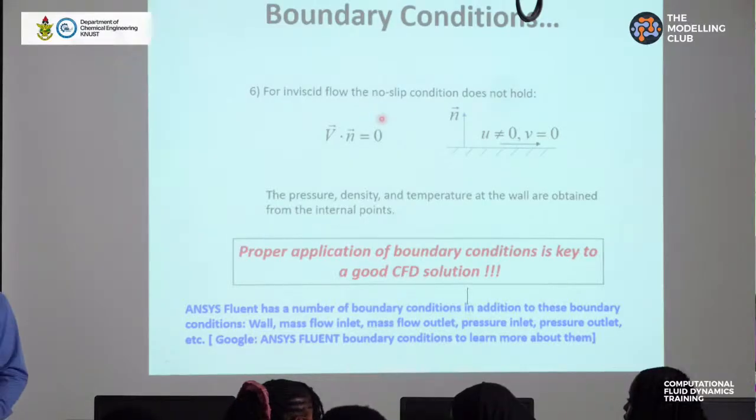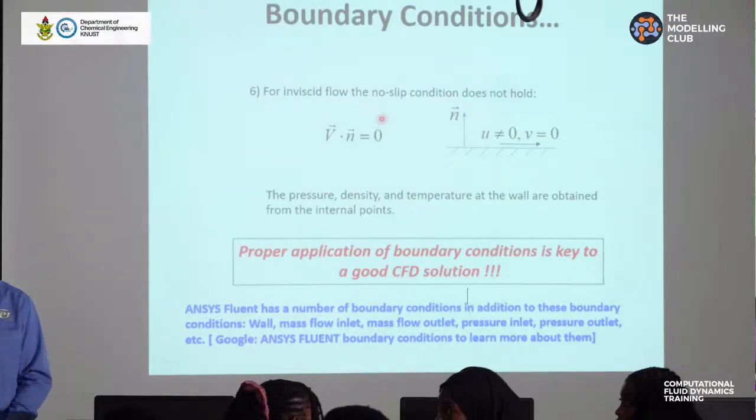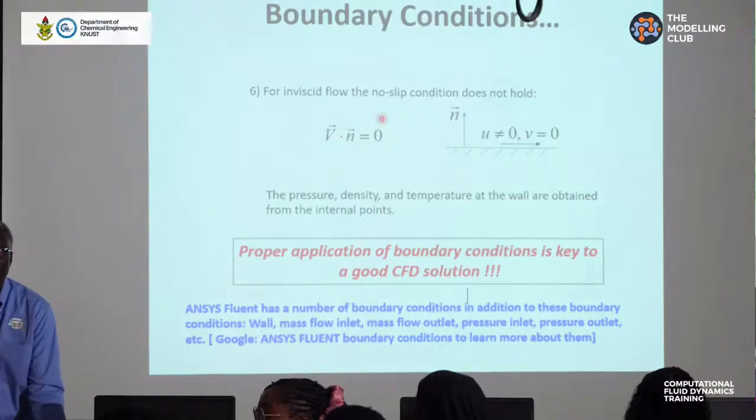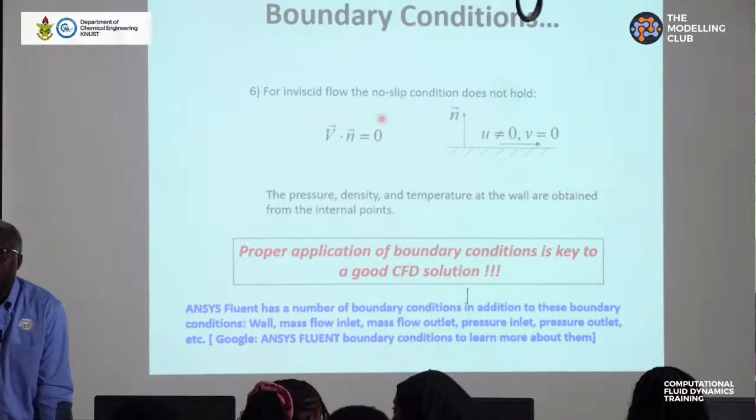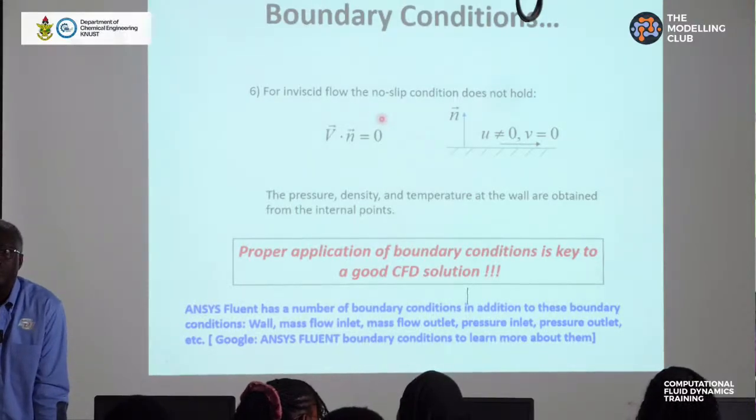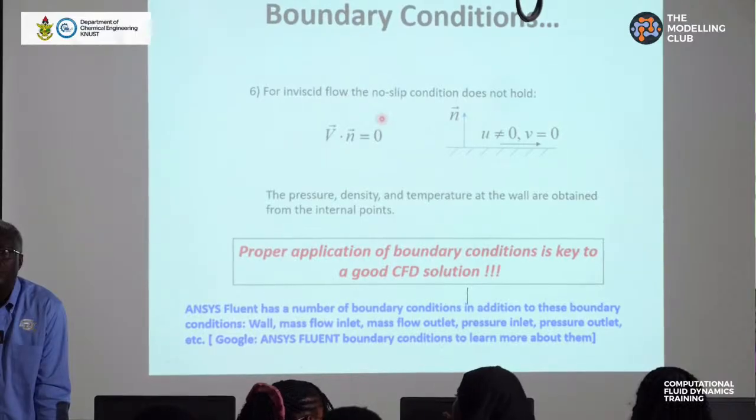Yes? Prof, I learned that the Navier-Stokes equation can be used to solve any fluid flow problem. So now I want to know, in case I have a fluid flow that does not have some boundary conditions, can the Navier-Stokes be used to solve all fluid flow problems?